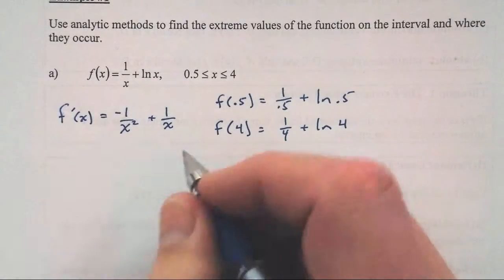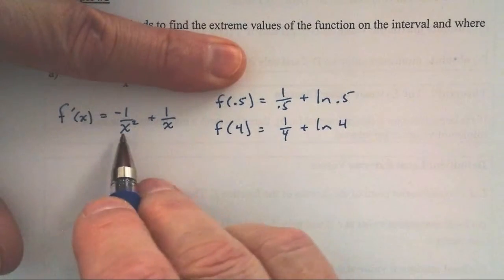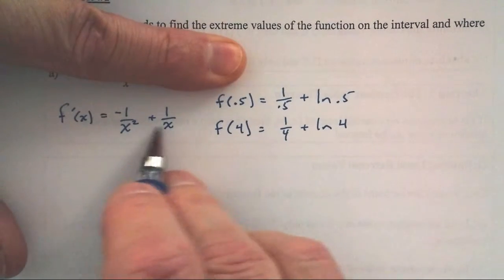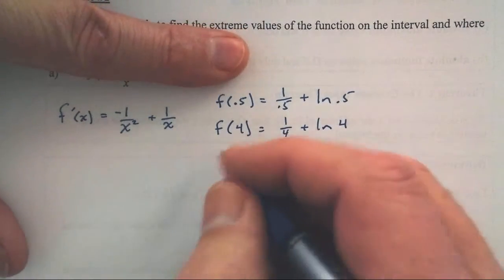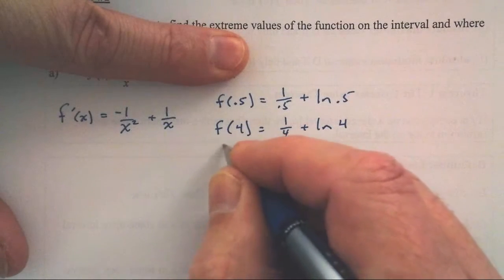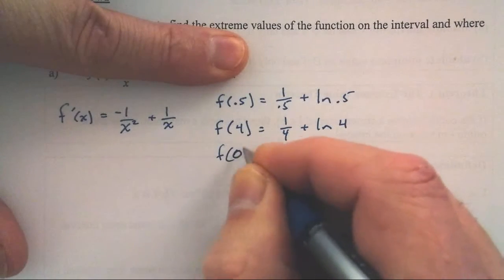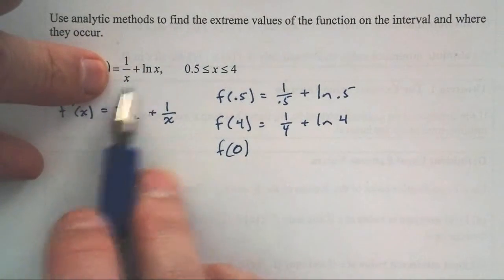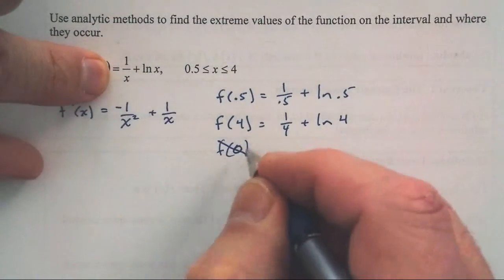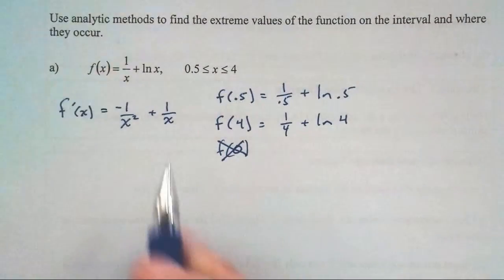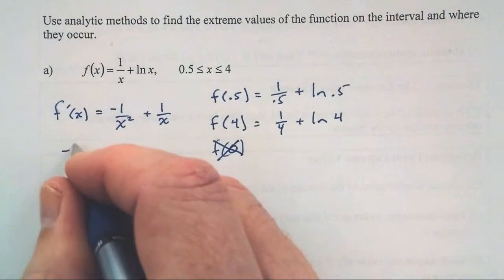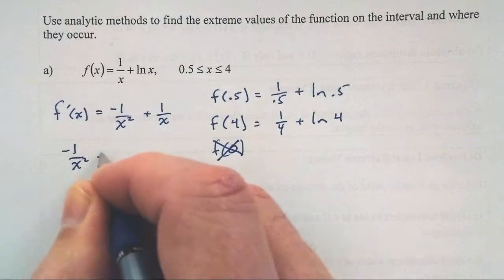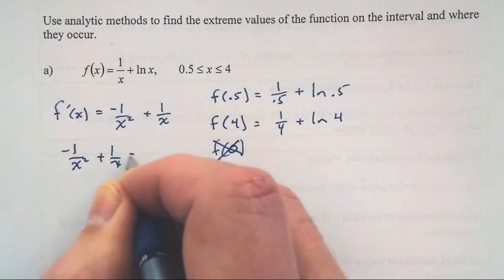You might say, well, since it's non-differentiable, maybe we have to look at f of 0. But since the derivative doesn't exist, in fact the function doesn't exist at 0, so we don't have to find that one. But let's set this equal to 0 and find our stationary points.